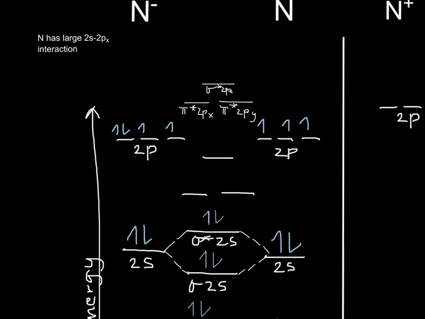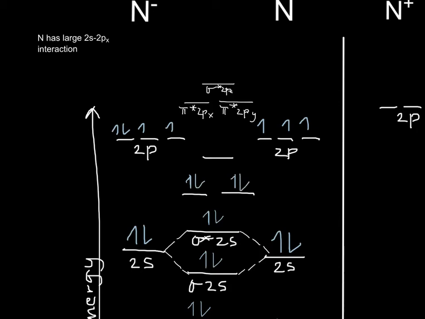As stated previously, the negative charge on the left N means that one electron is gained. So in comparison to N, which has 3 electrons in the 2p level, N- has 4 electrons in the 2p level. First, we will fill in our pi 2p levels, and we will completely fill them. So 1, 2, 3, 4.